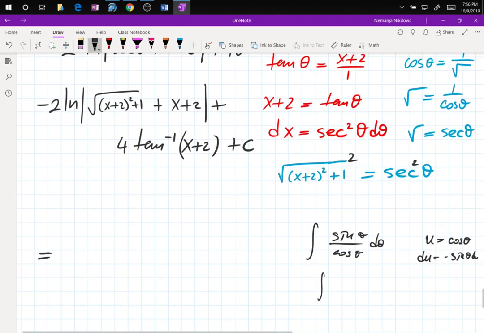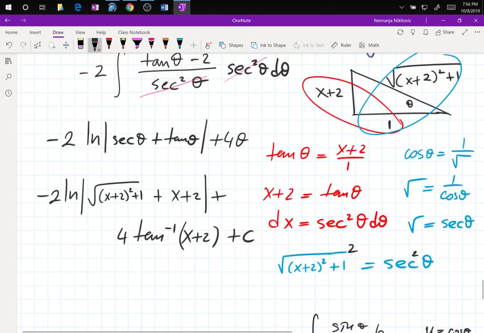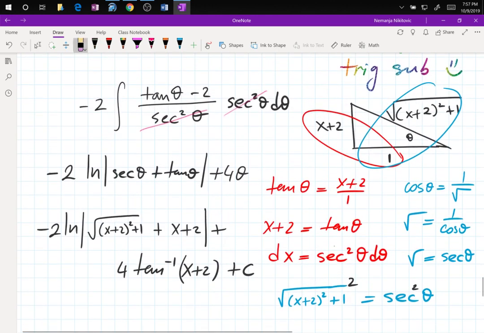So you have the integral of du over u with the minus in front, and it's just ln of u.